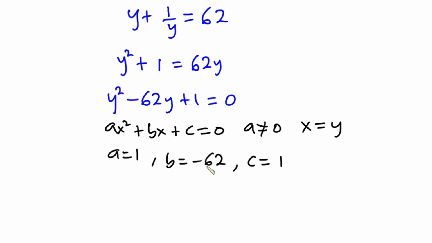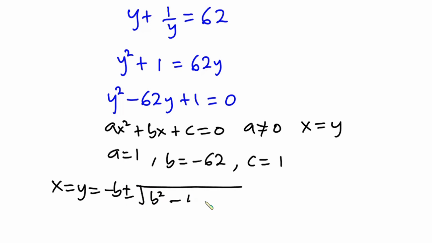Now let's plug these values into the general quadratic formula, which is x, or y in this case, equal to (−b ± √(b² − 4ac)) / 2a.